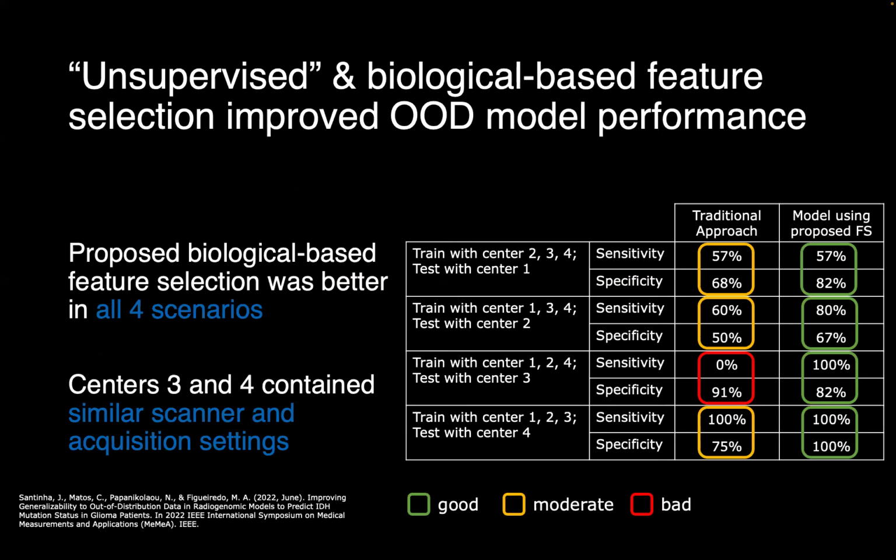One of the things that we saw here was this strange behavior of having a perfect score, and we are taught that perfect scores are always something that you should look at very carefully and understand what is happening there, because it's very hard to have a perfect score. So one of the things that we understood is that test 4 was from different hospitals, but they had just one scanner, and it was very similar to a subset of the scanners that Hospital 3 had.